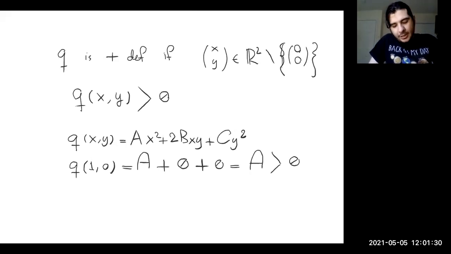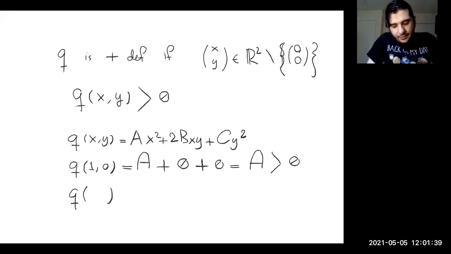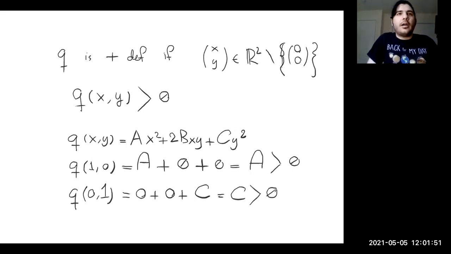So what other vector do you think I should try? Maybe (0, 1). Yeah, that's a good idea. Let's try (0, 1). I would get 0 plus 0 plus c, and I want that to be positive. So it tells me c is also positive. So what can I say about b? How can I bring b into the picture?